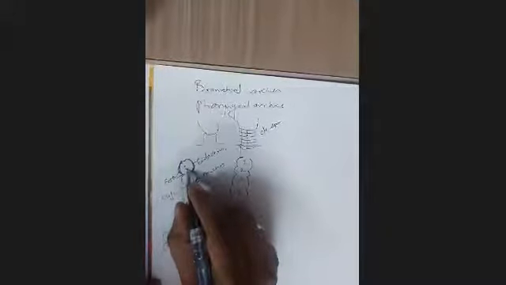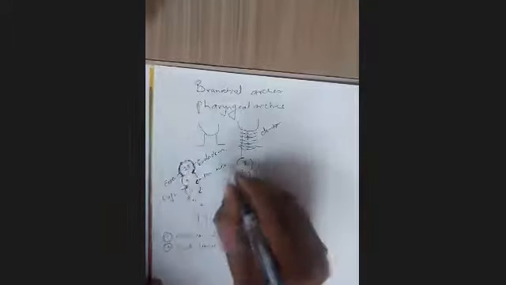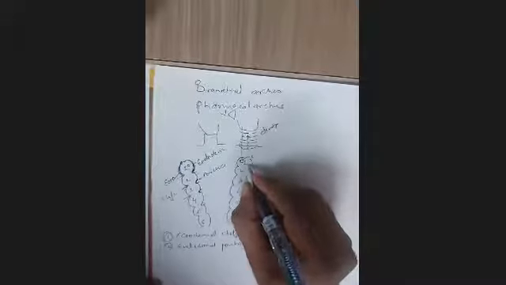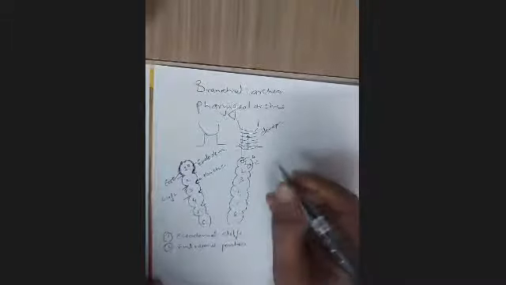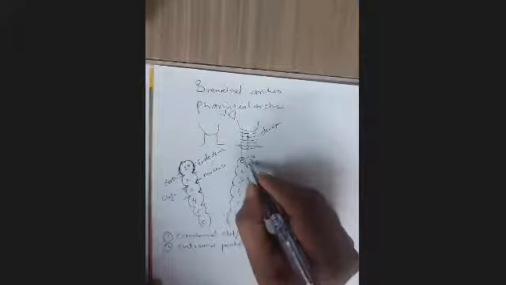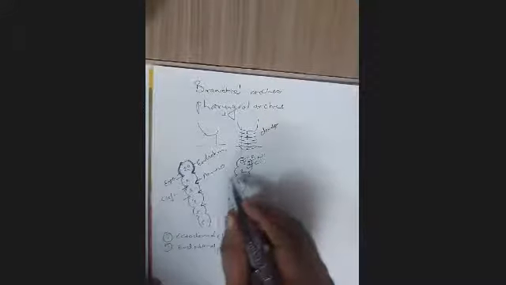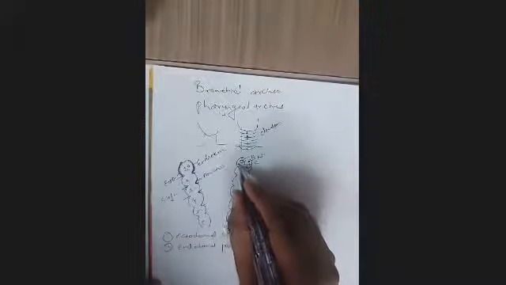Then inside each arch, there is an artery, there is a cartilage, there is a nerve, and there is a muscular component.